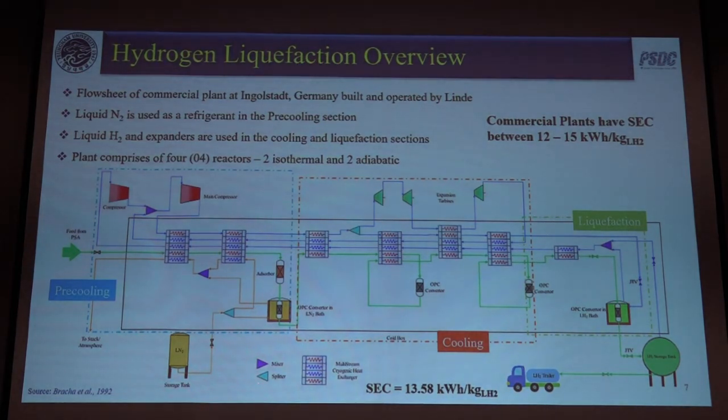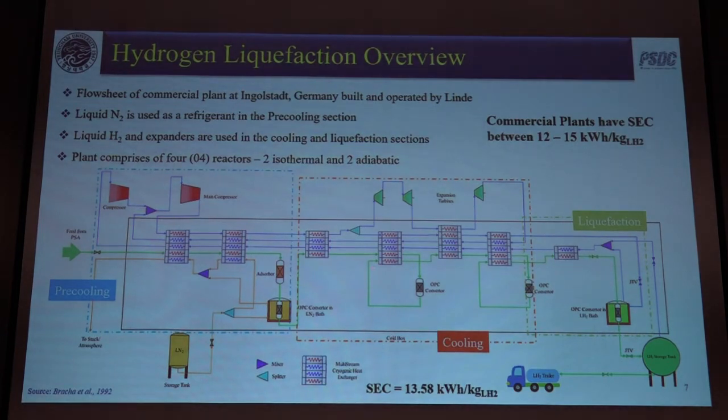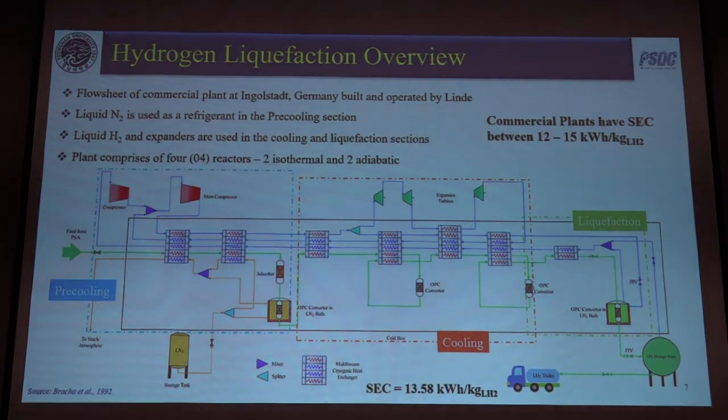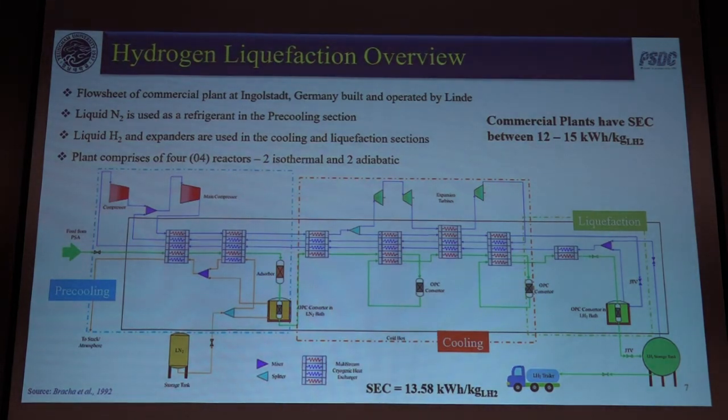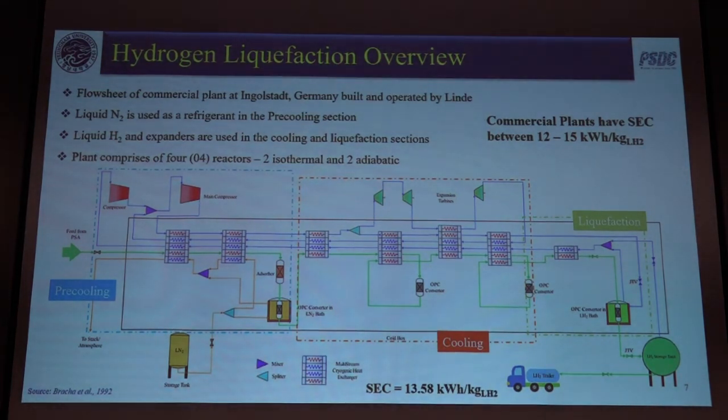But for these plants, usually the specific energy consumption, SEC, lies in the range of 12 to 15 kilowatt hours per kg of liquid hydrogen. For this particular plant, it's around 13.58 kilowatt hours, which is a very high energy consumption. So our major objective is to reduce this energy consumption if we are going to make liquid hydrogen an energy carrier in the market.